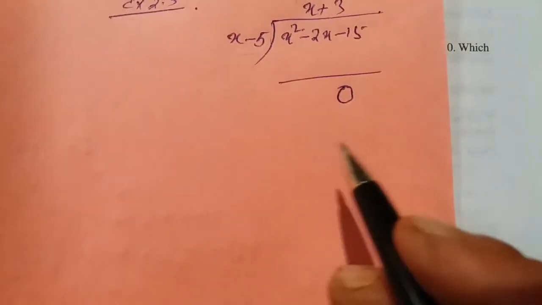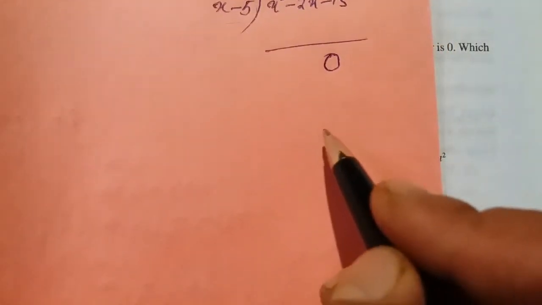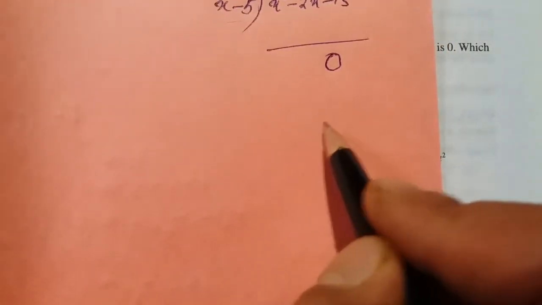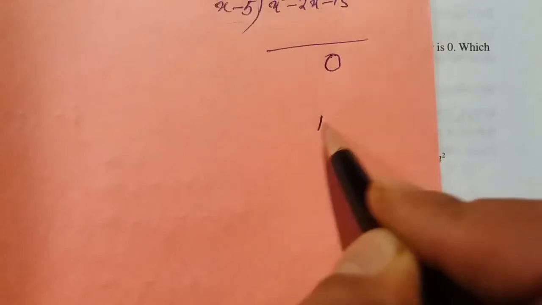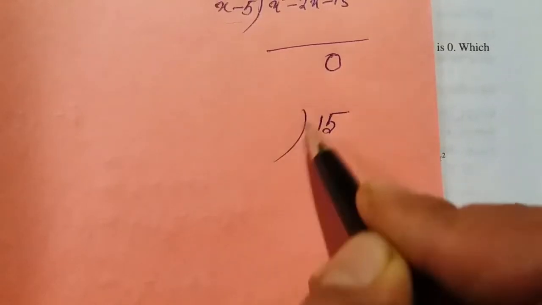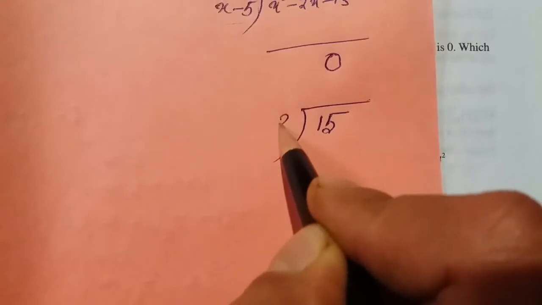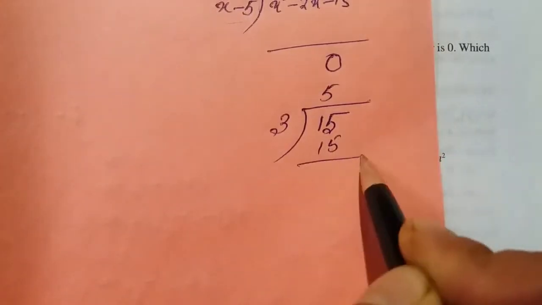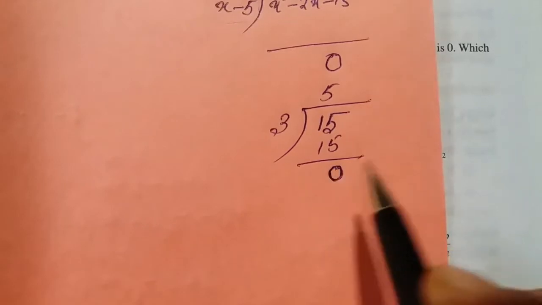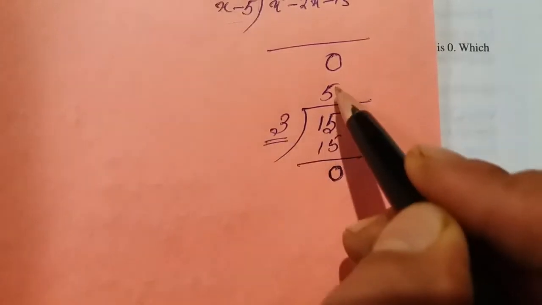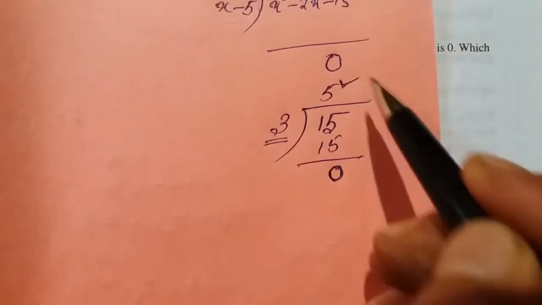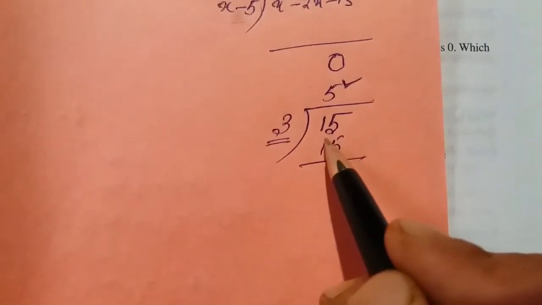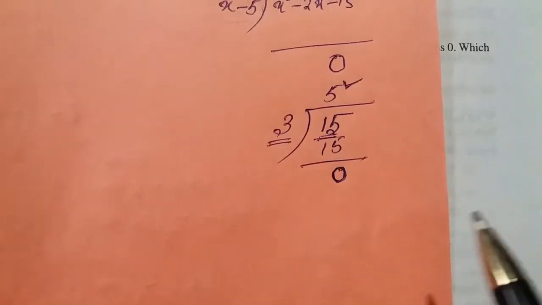Now I will show you something here. Now let's say this is 15. Now if you divide by 3, then you will get here 3 5s are 15. Now the remainder is 0. Here this 3 is the divisor, and 5 is the quotient, and here 15 is the dividend.